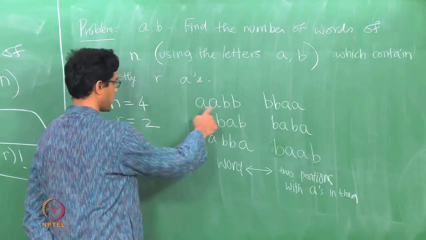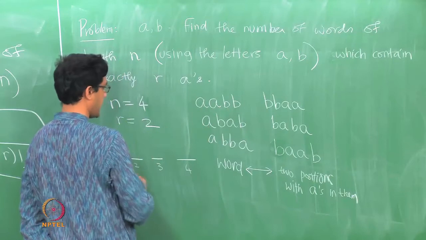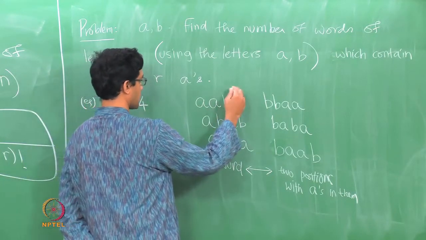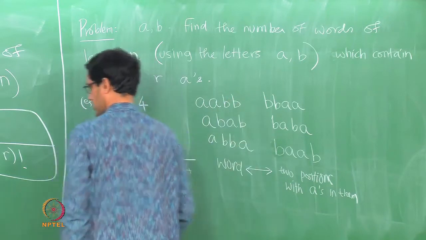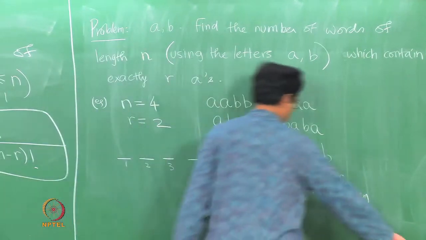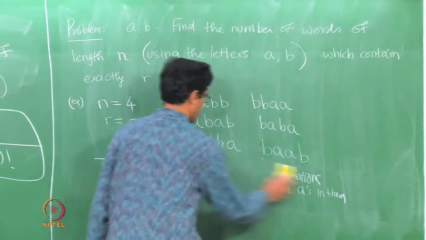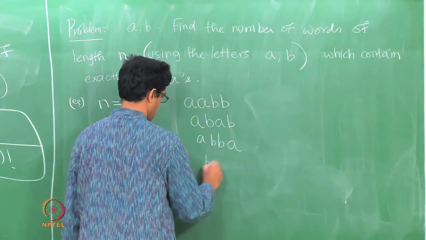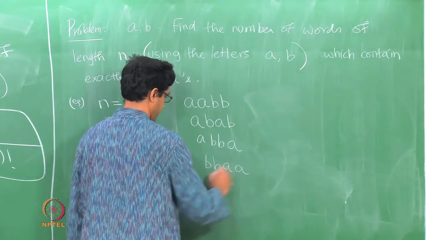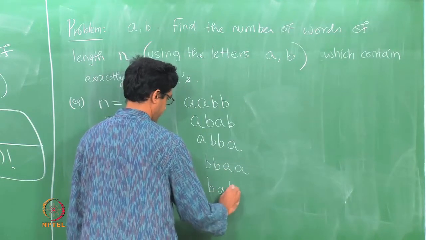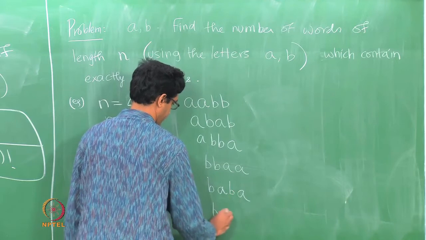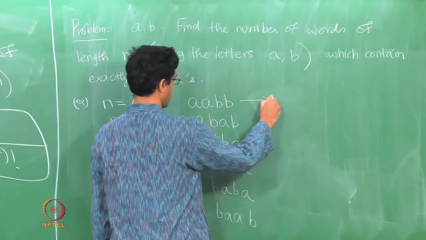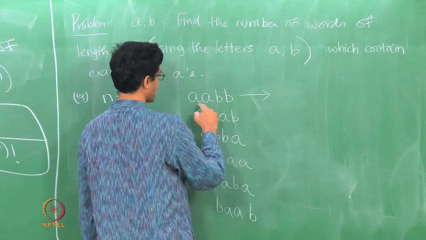So for instance, the word AABB has A's in positions 1 and 2. So you should think of AABB as corresponding to, so let us just write this out. Here are the 6 words we wrote out, and AABB has A's in positions 1 and 2.